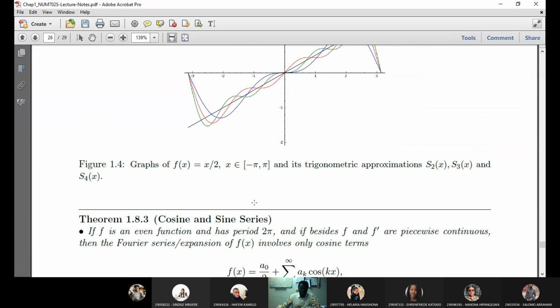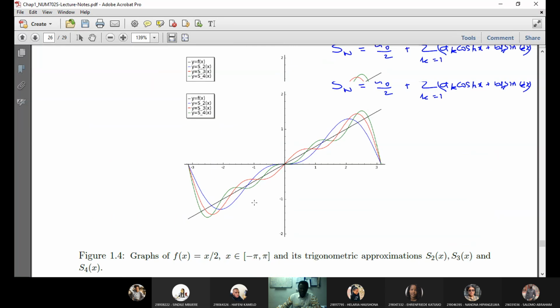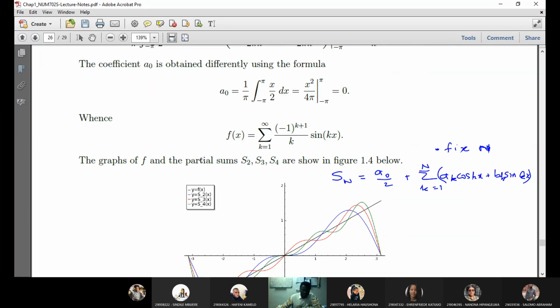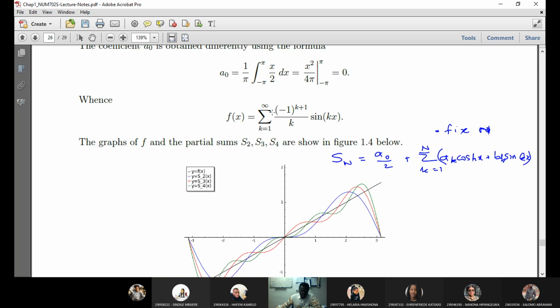Okay, now let us look at this. Here you have the graph of some approximation of this series, because remember it's a series. But you can never represent a series, right? Because a series has an infinite number of terms. As you can see here, it goes to infinity. But we cannot plot to infinity. You have to truncate or chop it somewhere.